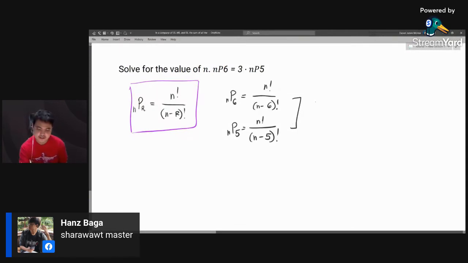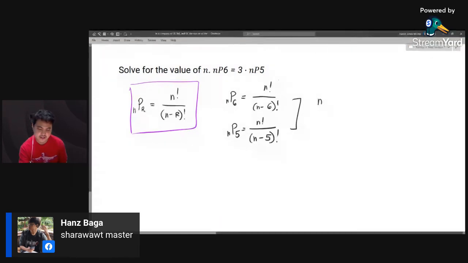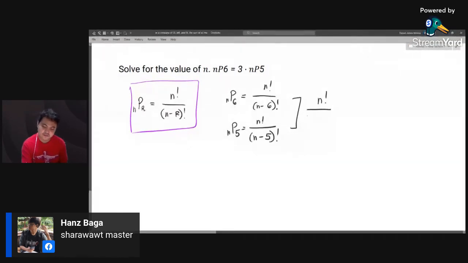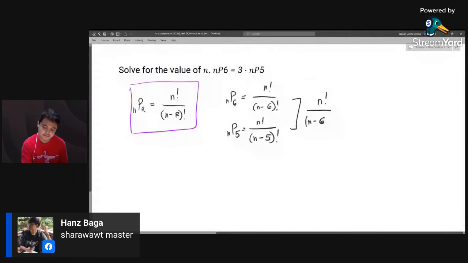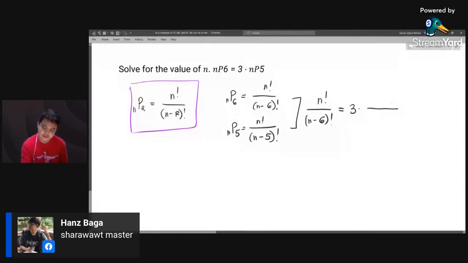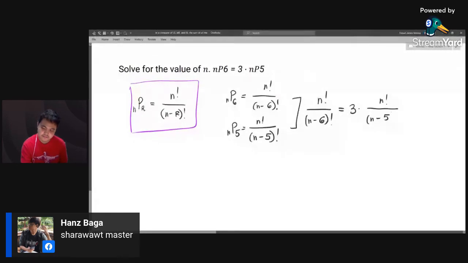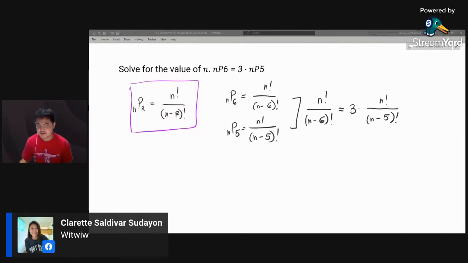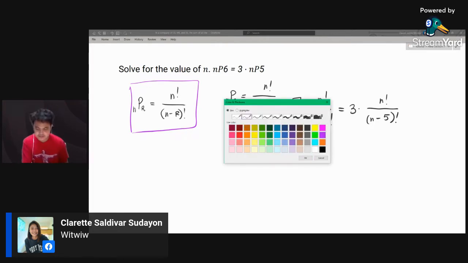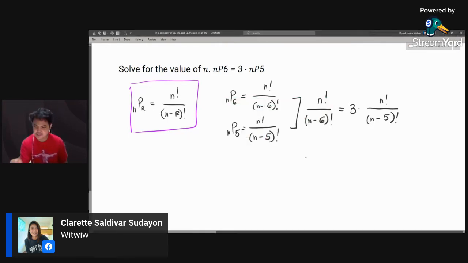So, n factorial over n minus 6 factorial equals 3 times n factorial over n minus 5 factorial. Diba? So, anong gagawin natin? Pwede tayong mag-cancel, no? Cancel natin si n factorial.